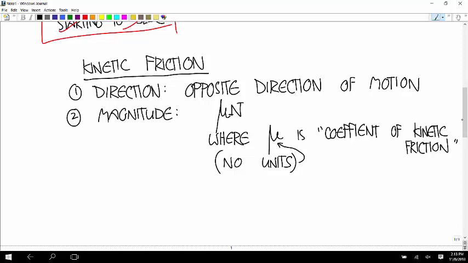But the fact that it's multiplied by the normal force means, and I think this is sort of intuitive, that the harder the two objects are mashed together, the more that friction force resists sliding. Okay, and so here's what that means. It's pretty easy for me to get this sliding, but if I put 1,000 pounds of weights on top of it, it would be a lot harder for me to get it sliding. So that's what that says, and it sort of makes sense.